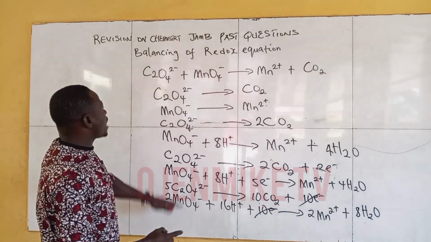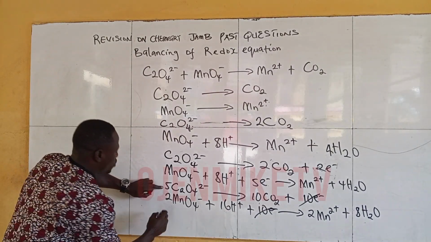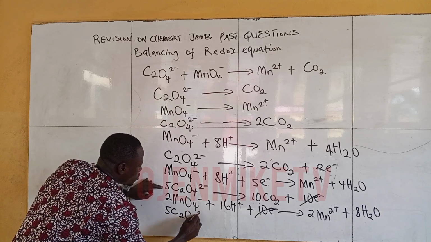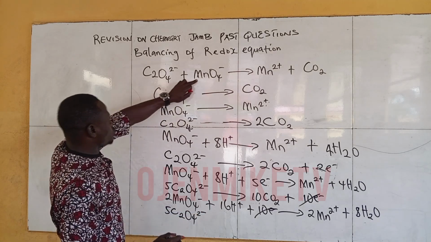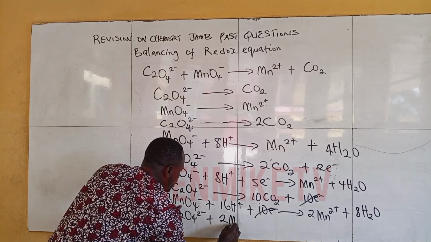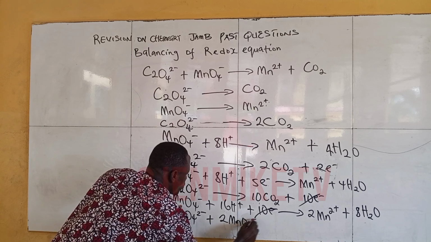So what do we now do? We now rearrange our equation according to this one. Here we have 5C2O4 2 minus. Then the next one, plus 2MnO4 minus.